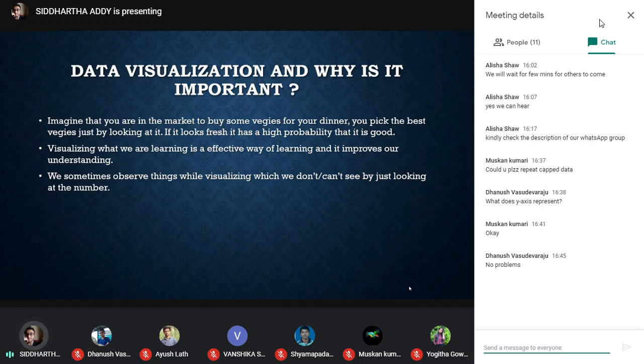But the moment you see the graph, you get it. We sometimes observe things while visualizing which we can't see just by looking at the numbers. As humans, we cannot understand numbers, right? We understand graphs, we understand languages. We don't understand numbers as well as machines, of course.